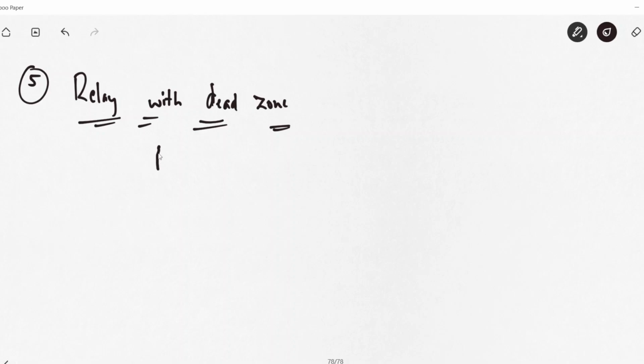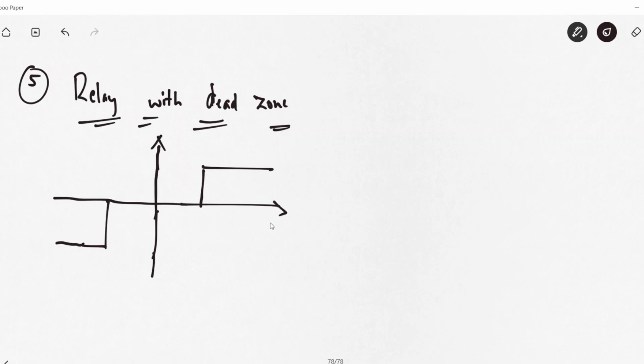When we did dead zone yesterday, in the previous session, we assumed a linear behavior after the dead zone effect passed.